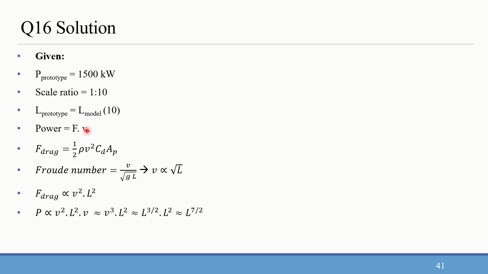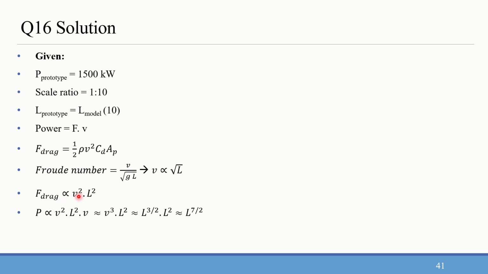Power is F into V. So here F is directly proportional to V squared AP. AP is a characteristic length squared. So V squared L squared. From Froude number, V is proportional to square root of L. So we are substituting here.